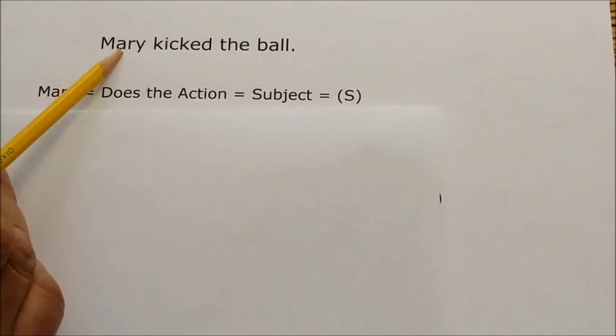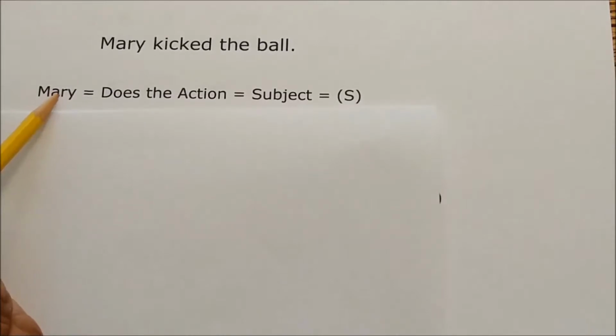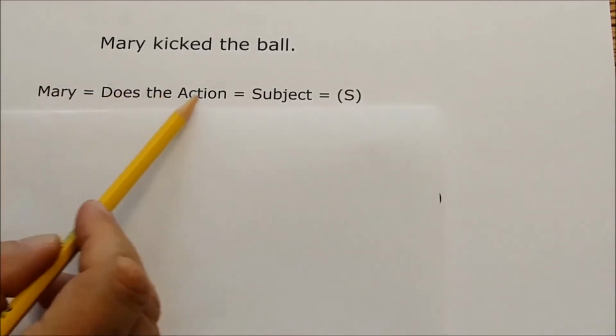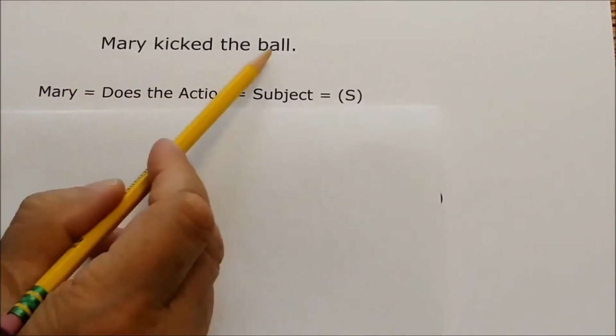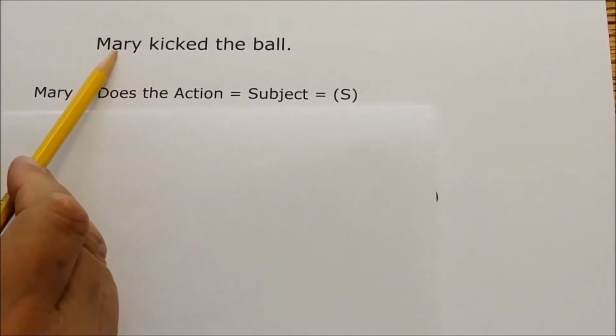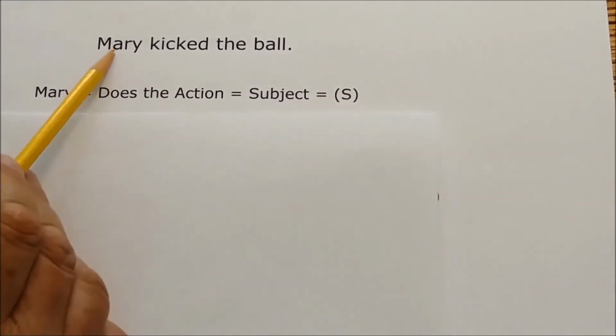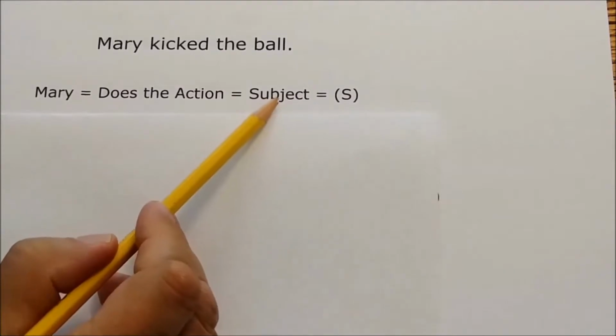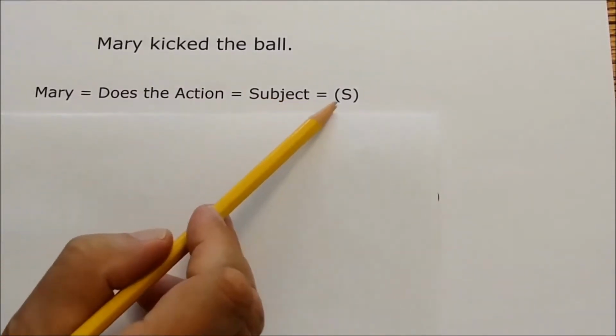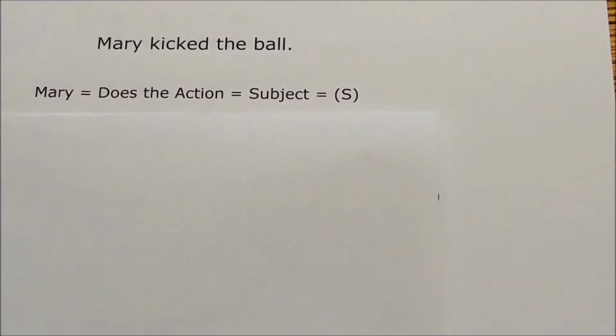Mary, for example, is the subject of the sentence. Mary does the action. She is the only word in the sentence who is doing something. That makes Mary the subject. And the way we abbreviate subject is with a capital S.